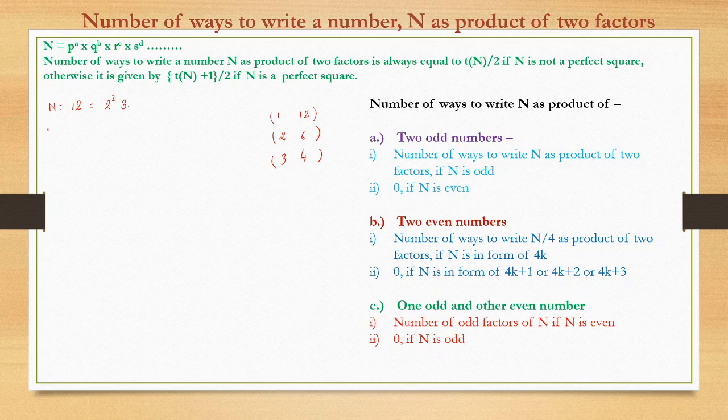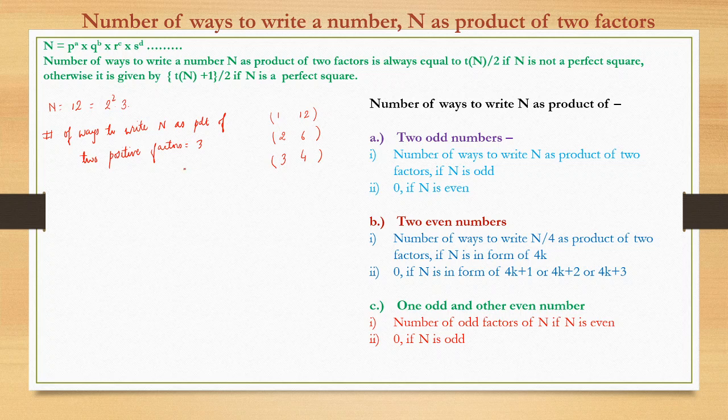So had the question been the number of ways to write n as a product of two positive factors, then it would be 3.